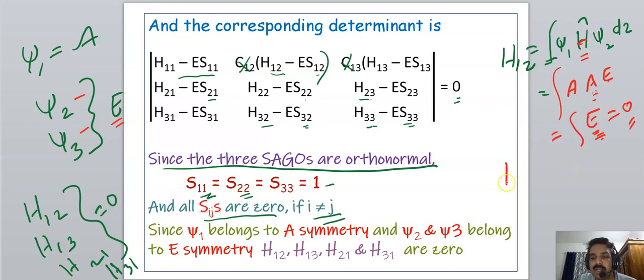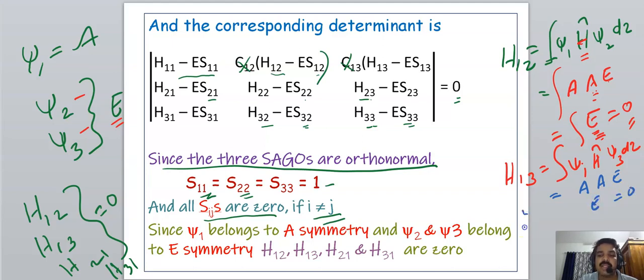Okay, similarly H13 is equal to integral psi 1 H cap psi 3 d tau. Again in this case psi 1 has A symmetry, H cap has A symmetry, psi 3 has E symmetry, so the product is E, therefore this integral is equal to 0. Similarly in the case of H21 and H31.